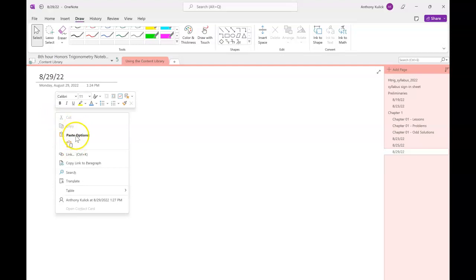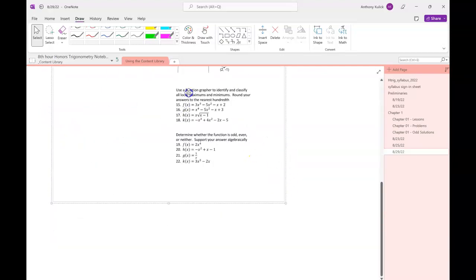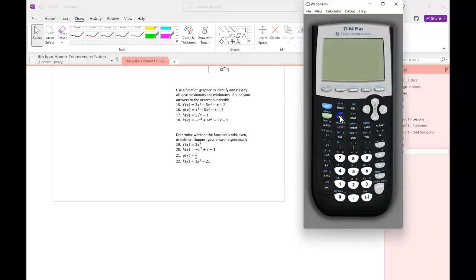Copy and drop. So it says use a function grapher to find and classify all local minimums and maximums, round your answer to the hundredths. Can we stop talking while I'm talking, guys? Thank you.